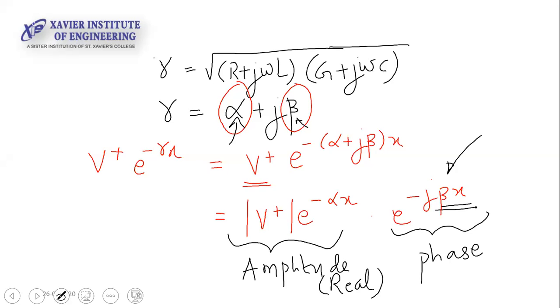There is a word in microwave engineering which we use, that is space phase, which is equal to minus beta times x. What is the meaning of it? It means that as the wave travels in the positive x direction, the phase lags more and more, and the phase linearly varies as a function of x for a given value of beta.